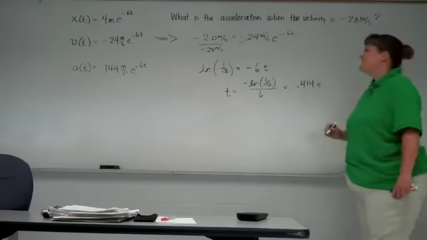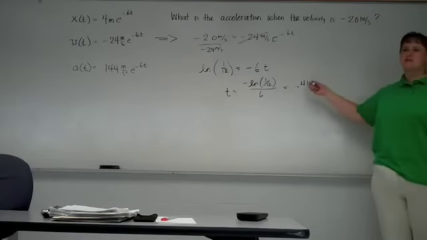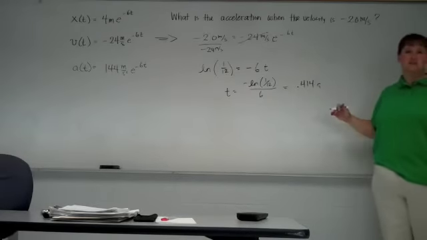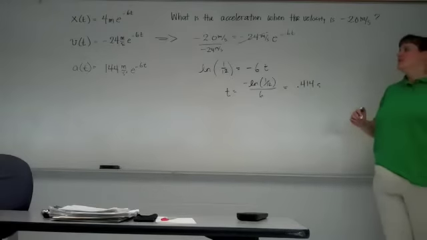0.414. Now as a general rule, as you're solving problems, keep a few decimal places until you get to a final answer. You end up causing yourself problems if you start rounding really early on. So keep a few decimal places until you get to the end. Then you can round to your appropriate decimal place.